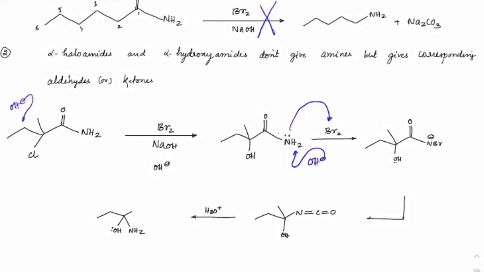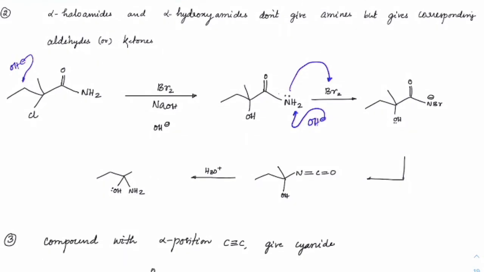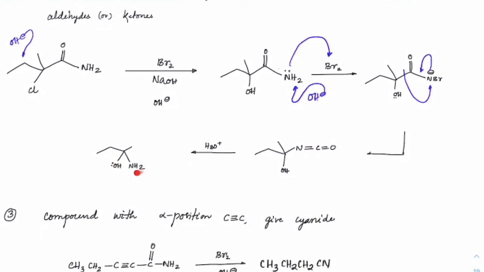Right. Now once you get this isocyanate formation here, which means this migration happens and a double bond will form here, so N double bond C double bond O. So this carbon, which also has OH, will have direct contact with N C double bond O. And on hydration we will have OH and NH2 formed.